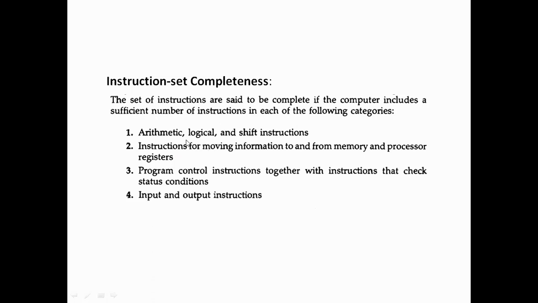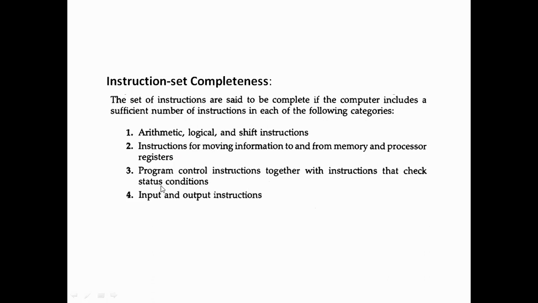So if a computer has a sufficient number of arithmetic instructions, logic instructions, shift instructions, instructions that are used to move information between processor and memory, and instructions that are used to control the program.